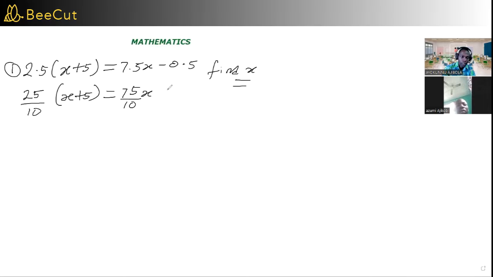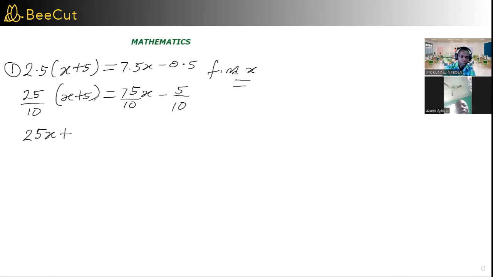So then the minus 0.5 also is going to become 5 over 10. So in this way, we'll be able to open this bracket and say 25 times x gives us 25x.